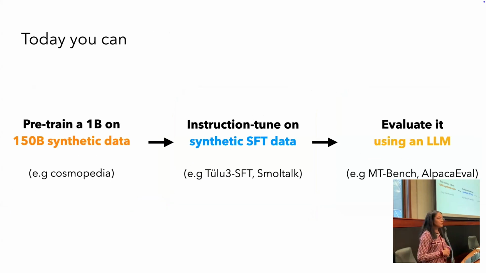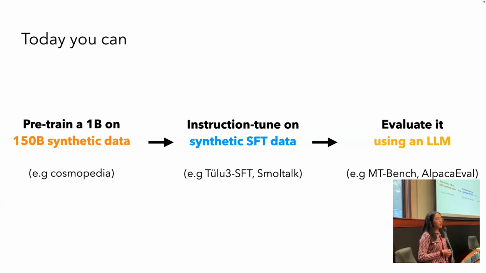And so the cool thing is today you can train an LLM with an entirely synthetic pipeline. For example, you can use our Cosmopedia dataset and you can train a 1B model on 150 billion tokens that are 100% synthetic and that are also of good quality. And then you can instruction tune the model on a synthetic SFT dataset. You can also do DPO on a synthetic dataset.